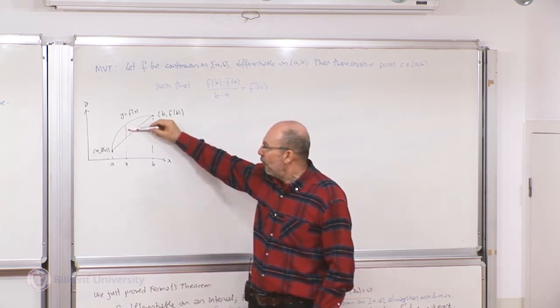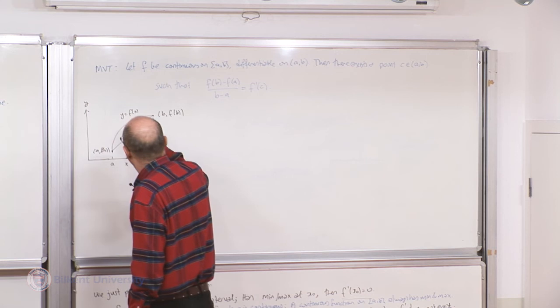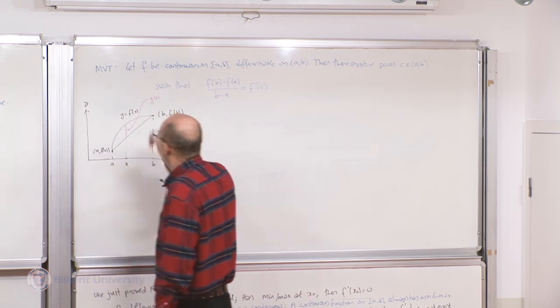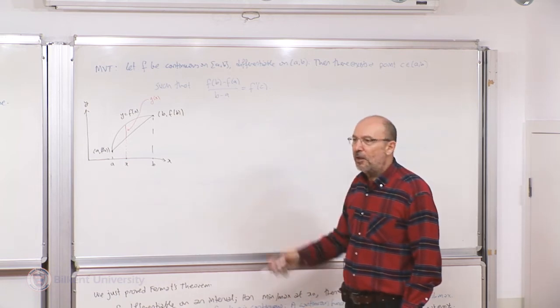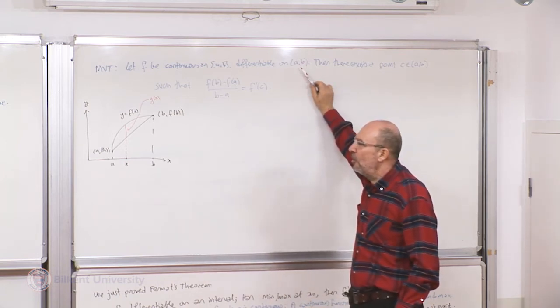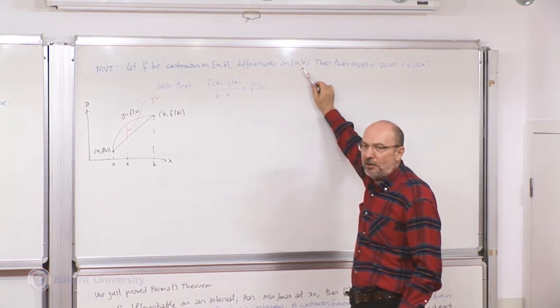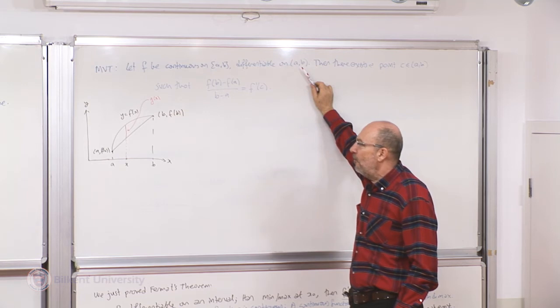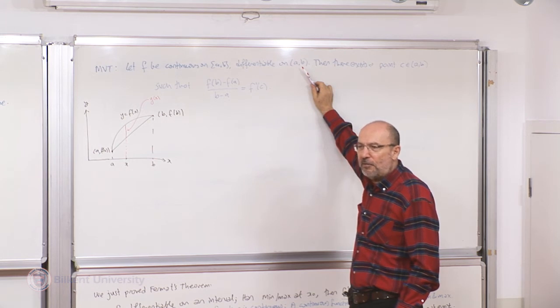So if I call this g of x, g of x is continuous. It is differentiable in between, because f is differentiable, and the equation of a straight line is differentiable. So I have a continuous function which is differentiable, equal to the same number at the endpoints, so its derivative is 0 somewhere in between.